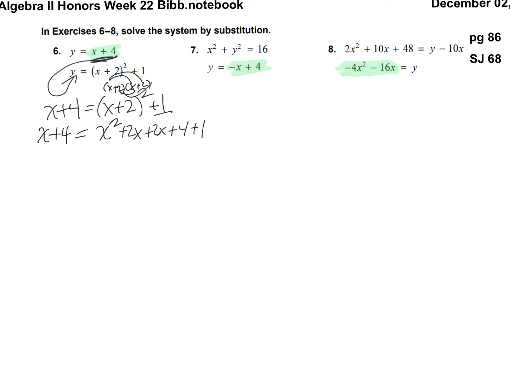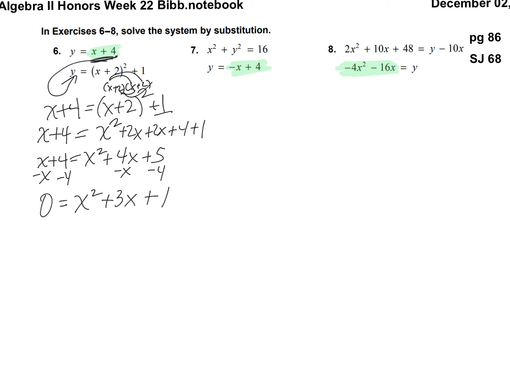Then I'm going to combine like terms on the right hand side: x squared plus 4x plus 5. Then I'm going to subtract x from both sides and subtract 4. So I'm going to have 0 equals x squared plus 3x plus 1.